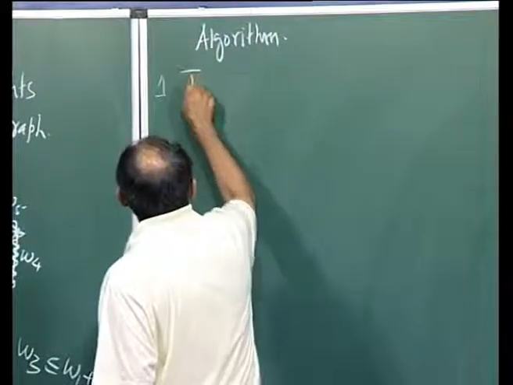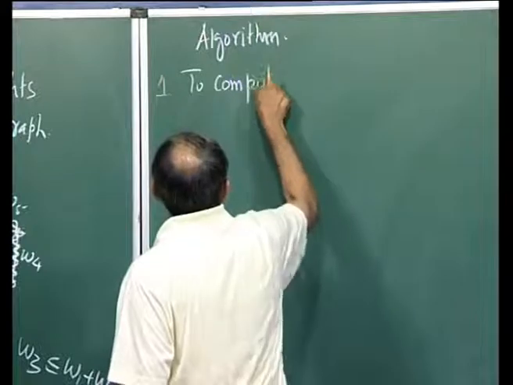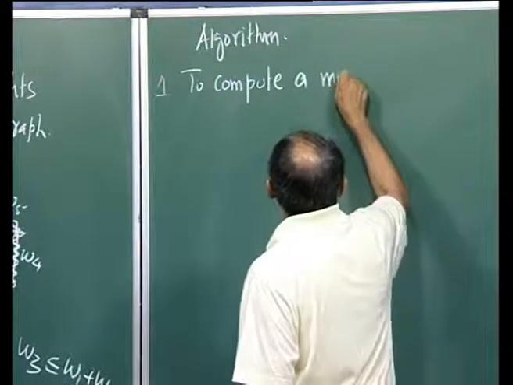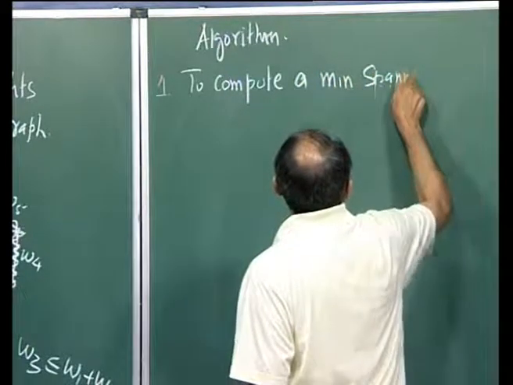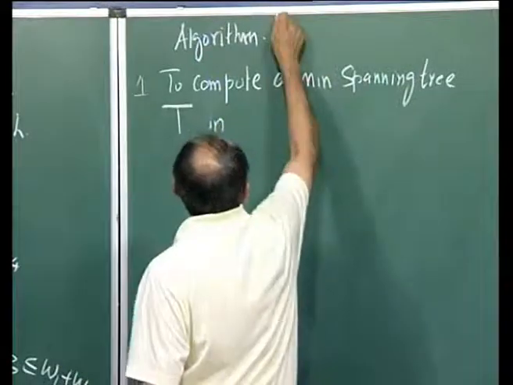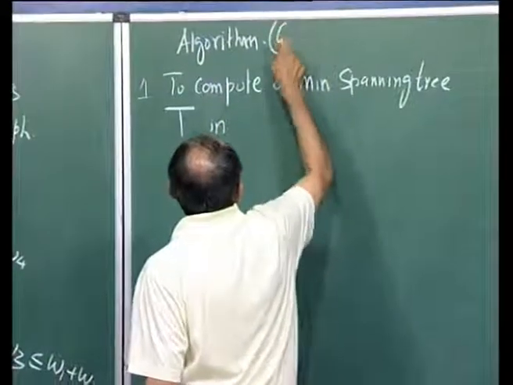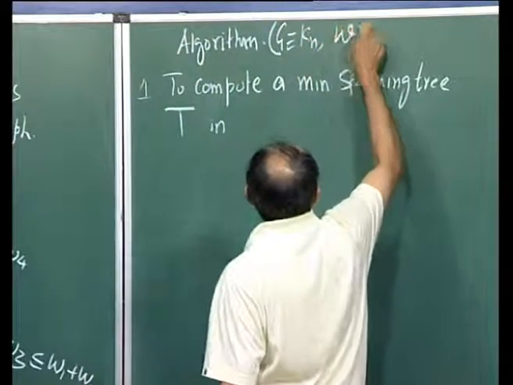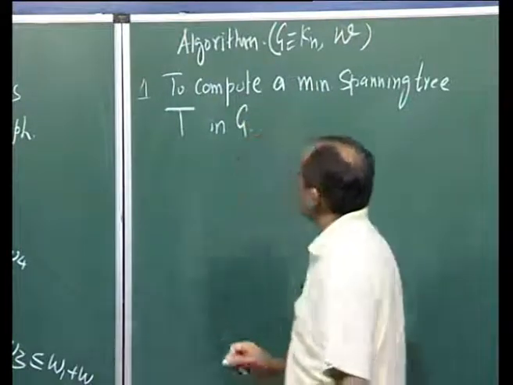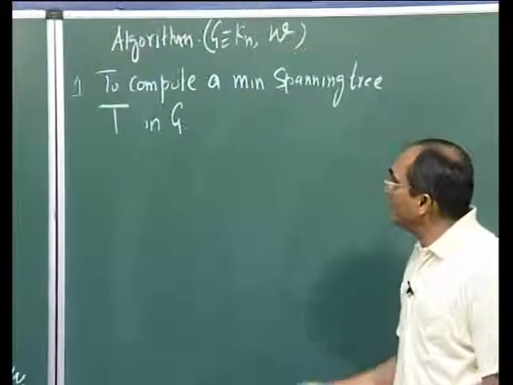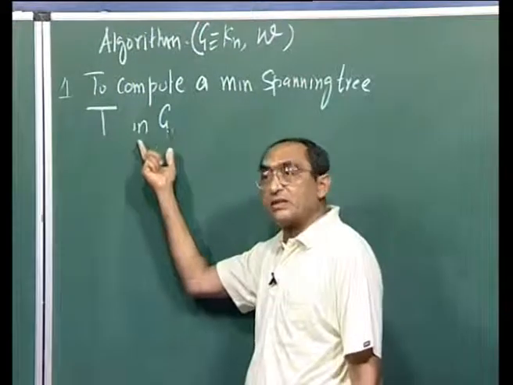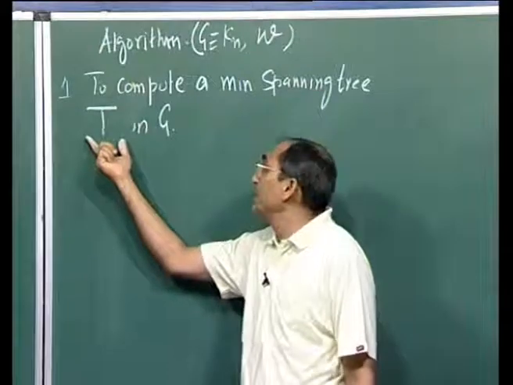First one is to compute a minimum spanning tree T. Here we have graph G, which is of course Kn, and a weight function W in G. So, we begin with the computation of the minimum weight spanning tree in G. Notice that there exists an algorithm to compute a minimum spanning tree in polynomial time.